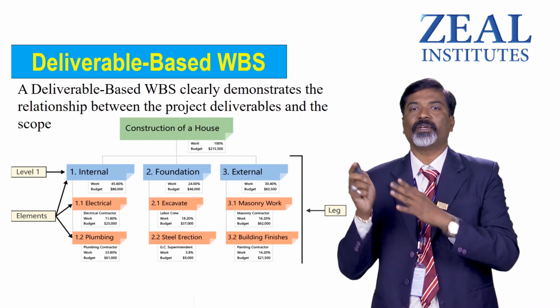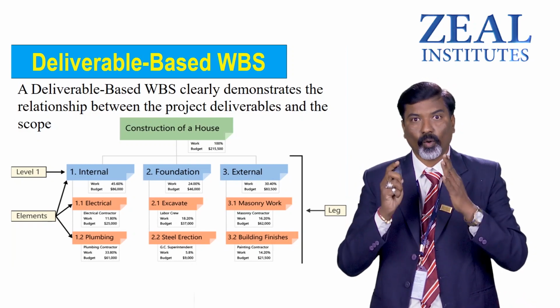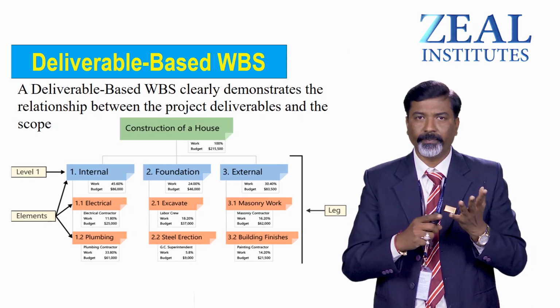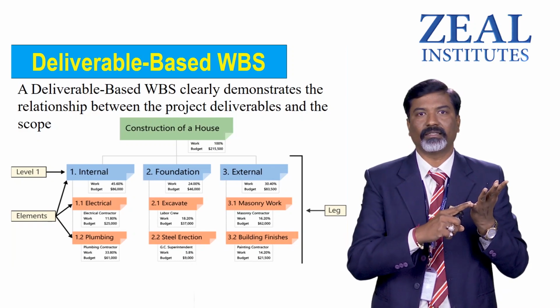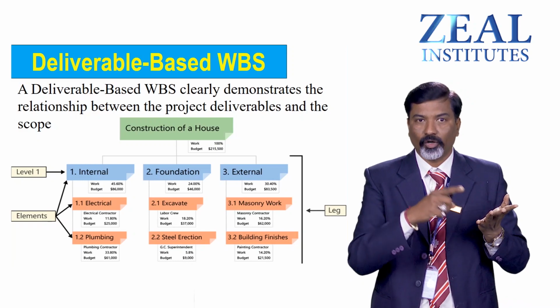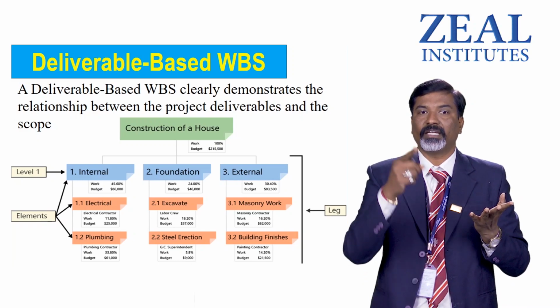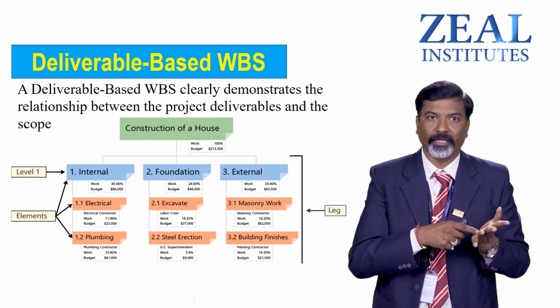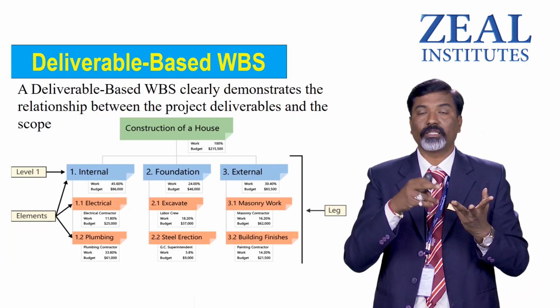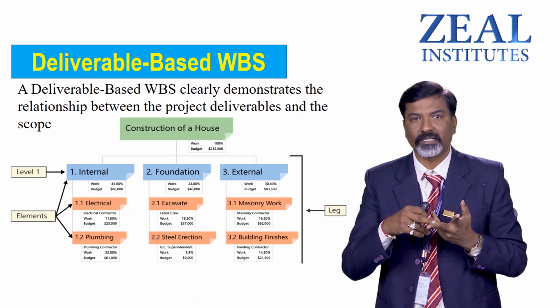In a deliverable based project, what deliverables are expected by the end user? He might need some internal aspects within that house: how the internal structure should be, how the electrical cabling should be, how the plumbing should be. So this is the first deliverable, on the basis of internal structure, foundation, and external structure.